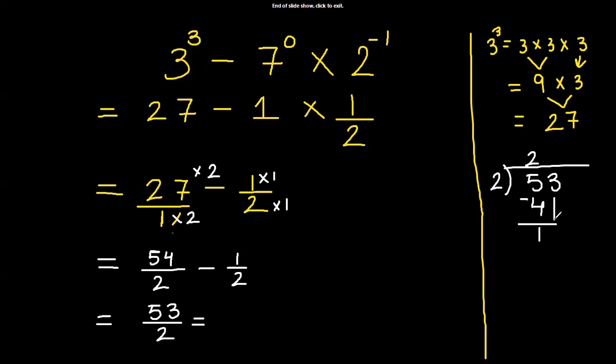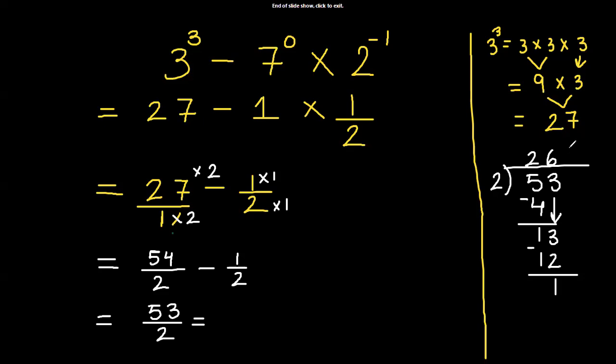Bring down the 3. How many times does 2 go into 13? 6. 2 times 6 is 12. 13 minus 12 is 1.